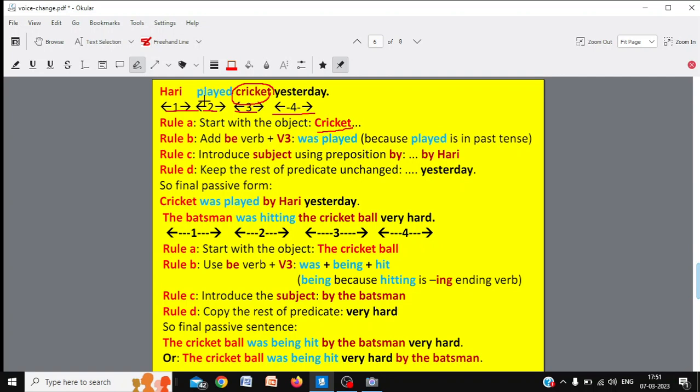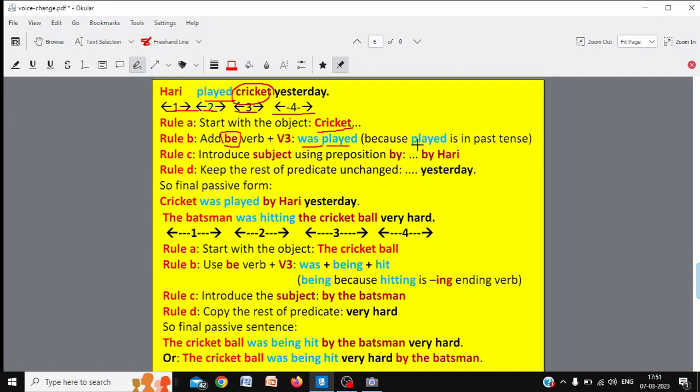Played. Now, how do we make it passive? You have to add a be verb, but it is past tense. So because it is past tense, we are using was, not is. And played remains played. The V3 form is played and the V2 form is also played. Here we have the V2 form and here we have the V3 form, but both are played.